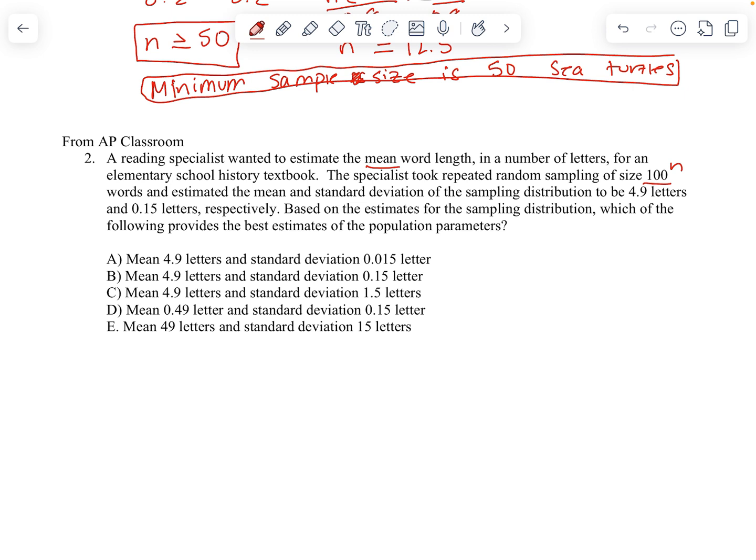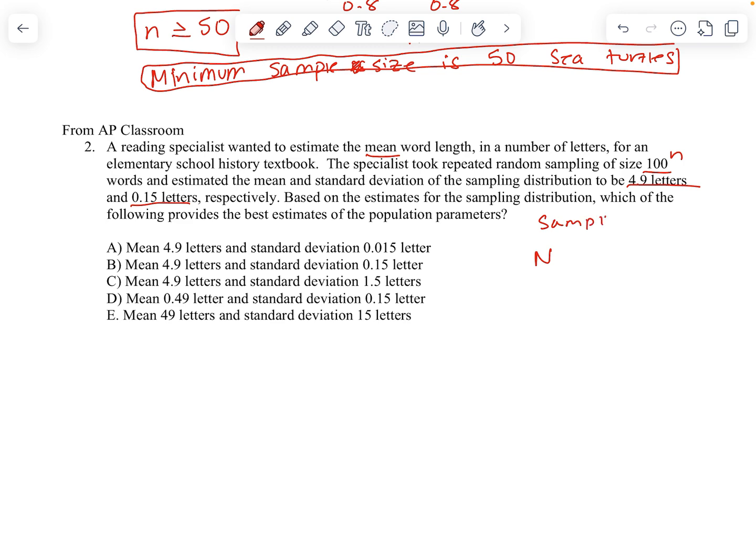And estimated the mean and standard deviation of the sampling distribution to be 4.9 letters and 0.15 letters, respectively. Let's keep reading. Based on the estimates for the sampling distribution, which of the following provides the best estimate of the population parameter? So it sounds like this is the descriptor for the sampling distribution.